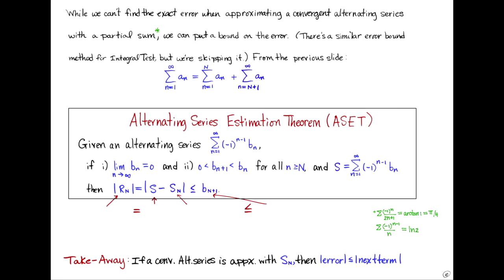We're given an alternating series, and the limit as n goes to infinity of b sub n is 0, and the terms are positive and decreasing for all n greater than or equal to some number. So all that means is that the alternating series has to converge. So given that you have a converging alternating series, then we're going to call S the sum of the entire infinite series. The absolute value of R sub n, that is the size of the error.